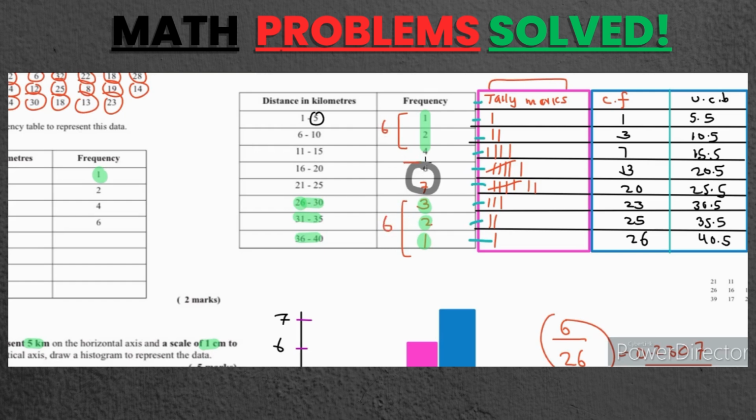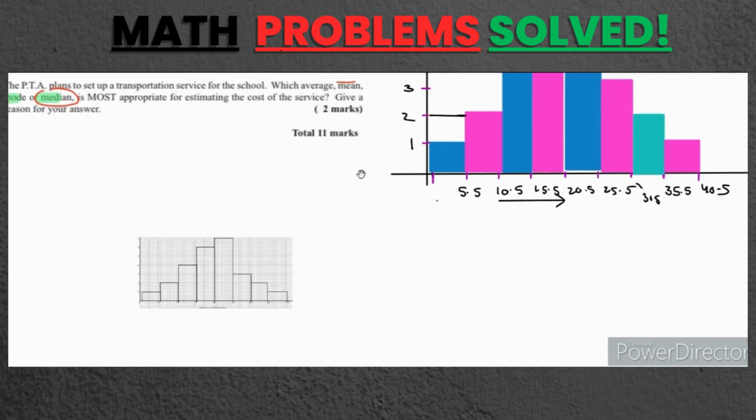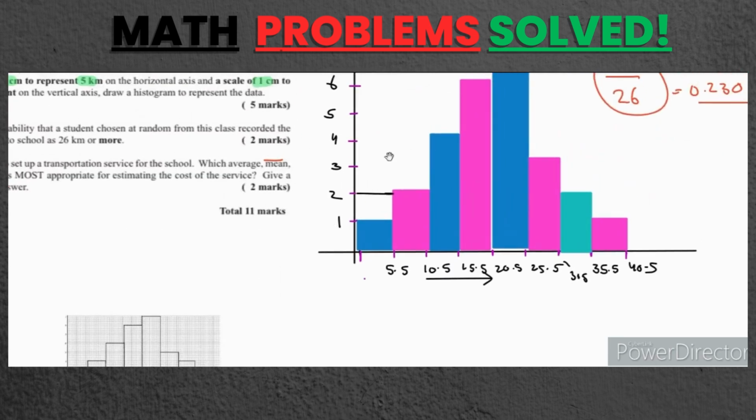So these are the median classes, right? So it is equally distributed on both sides of the median class. So it's the center line. So that's why median is more appropriate, right? So this question is completed here. So see you in the next session.